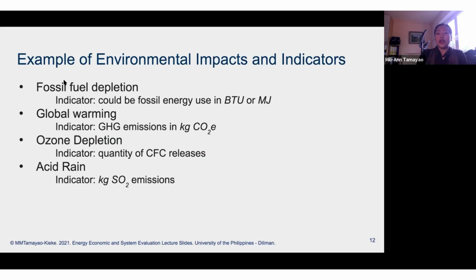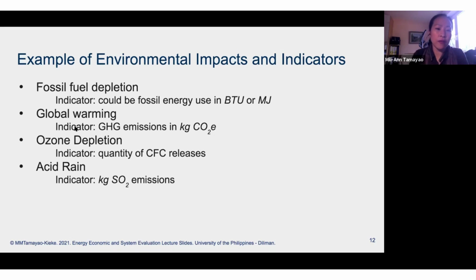And in estimating environmental impacts, we use indicators. So indicator for fossil fuel depletion could be fossil energy use, and the unit of measurement could be BTU or MJ, megajoules.